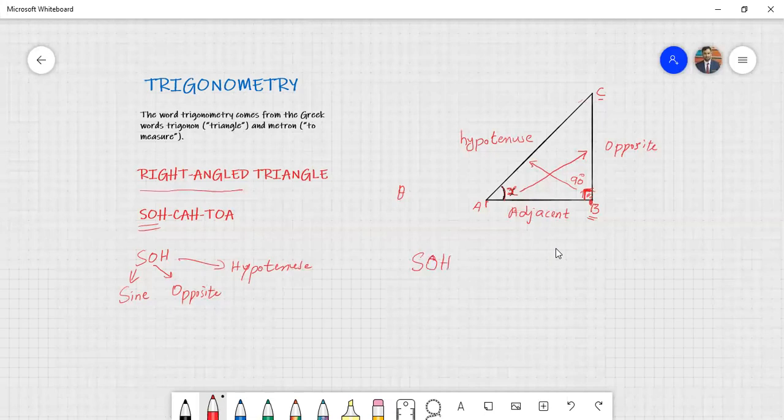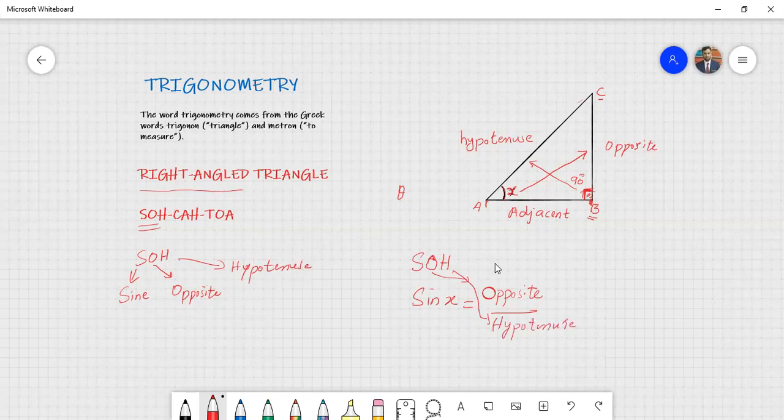So sine of x, the sine of this angle x, is equal to O, opposite, over H, hypotenuse.